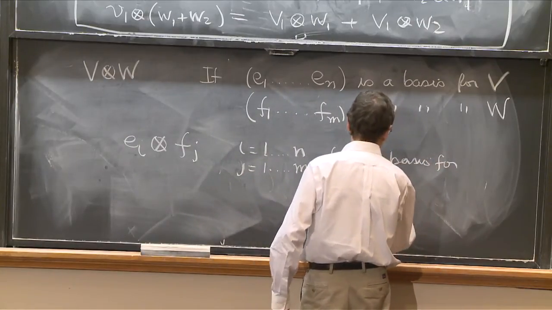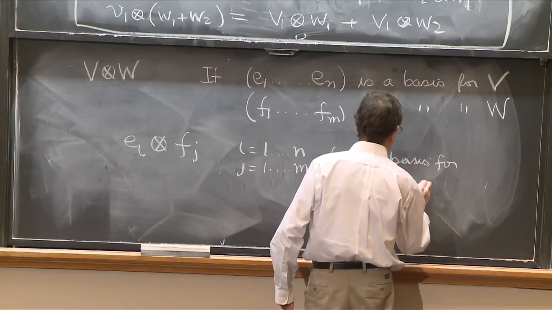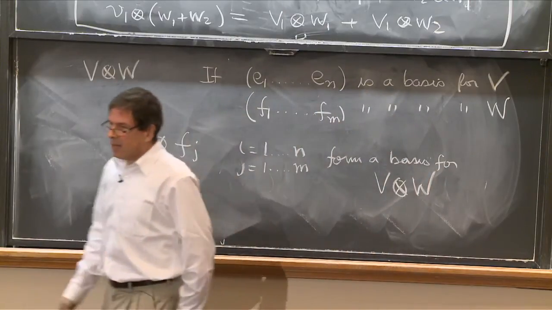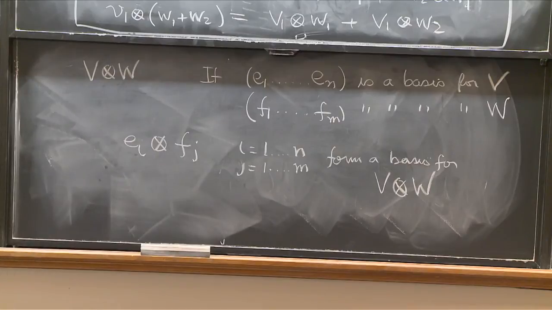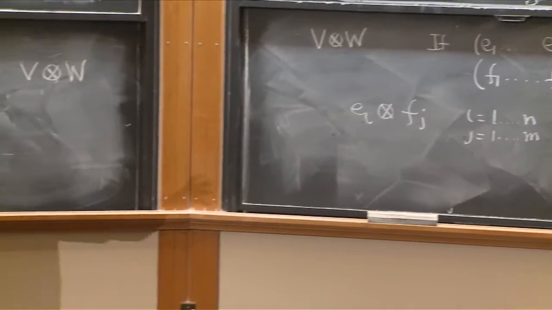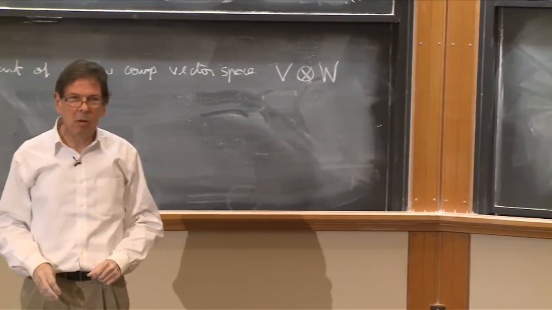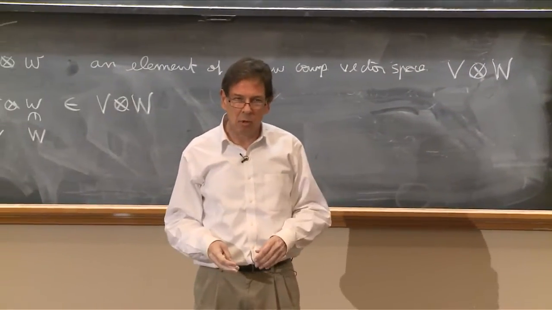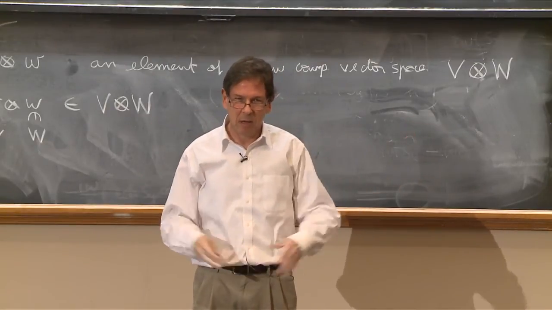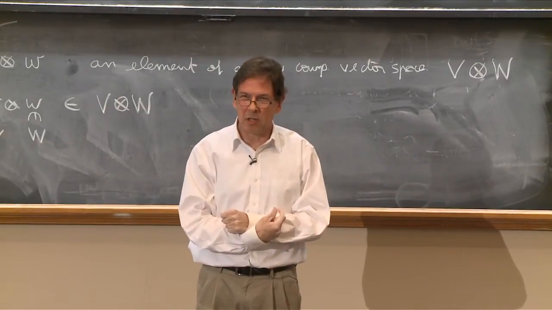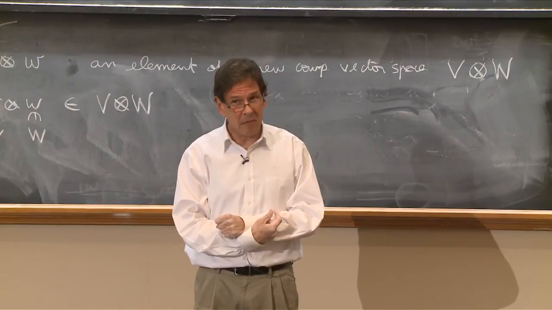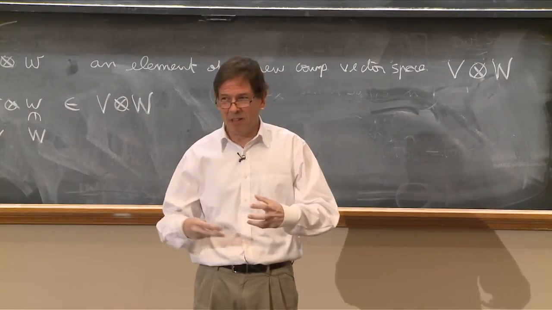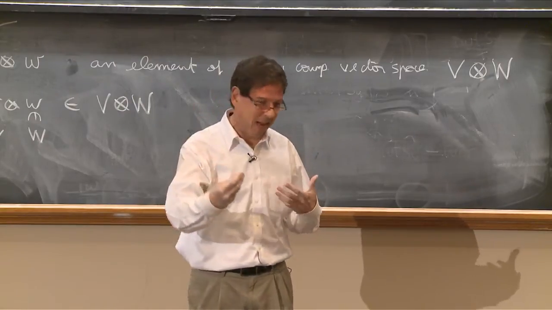So basically, if you have a 4-dimensional vector space V and a 10-dimensional vector space W, V tensor W is 40-dimensional. You multiply the dimensions. You don't sum them. In the tensor product, the dimensions multiply.